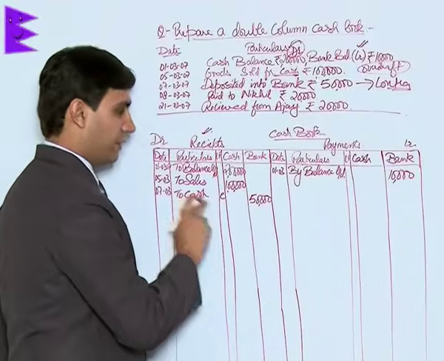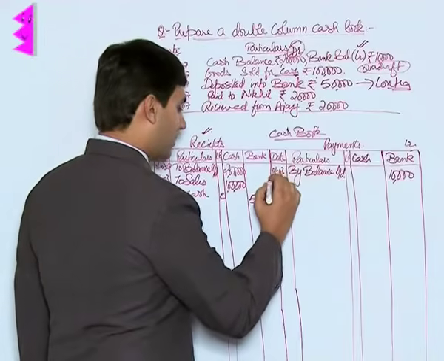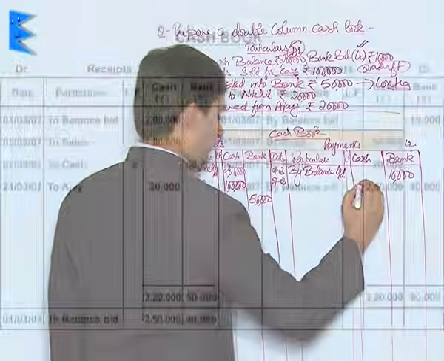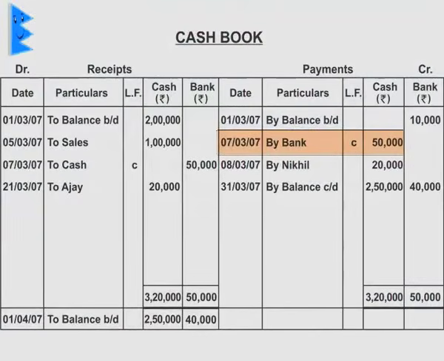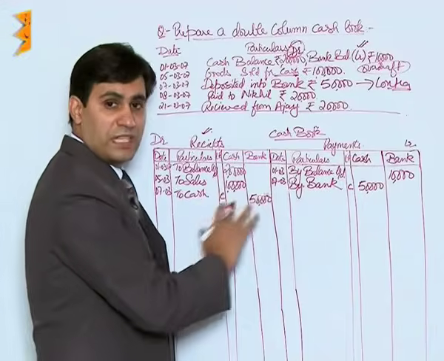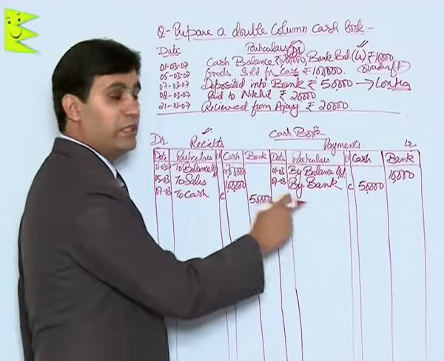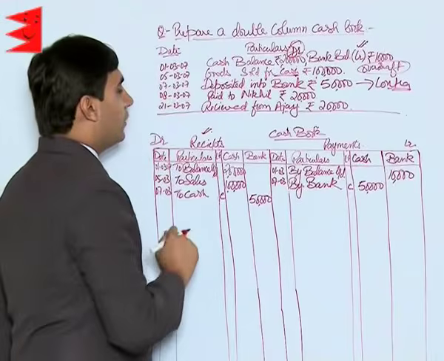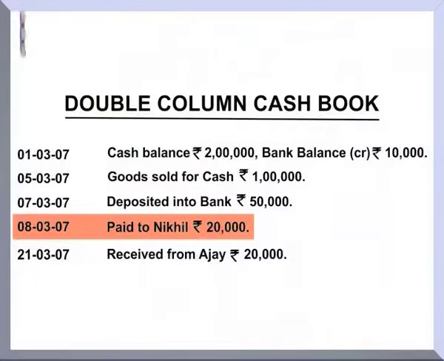So mention C here. Now the second posting for this contra entry would be, since we are paying cash, it would be by bank. So since it is a contra entry, two postings have been made, one on the debit side and one on the credit side. On 8th of March, the transaction is paid to Nikhil.